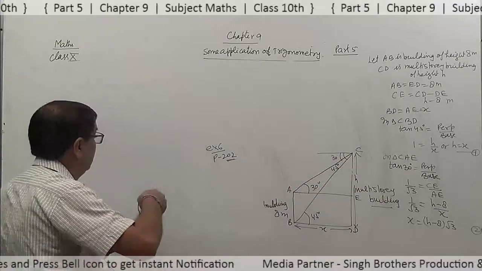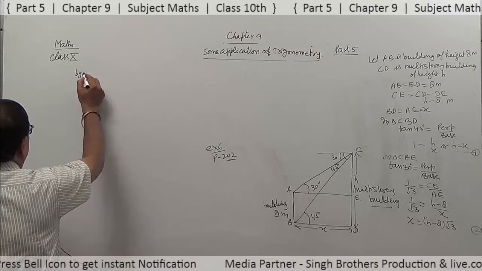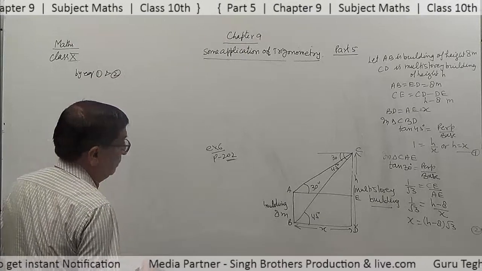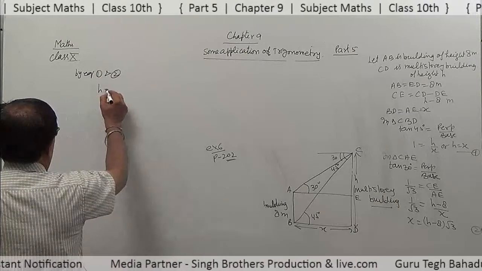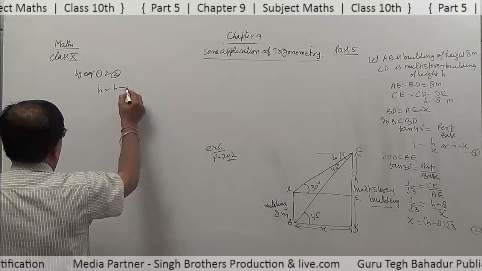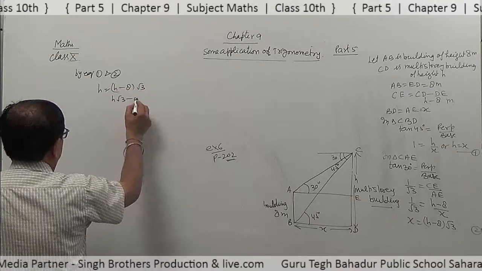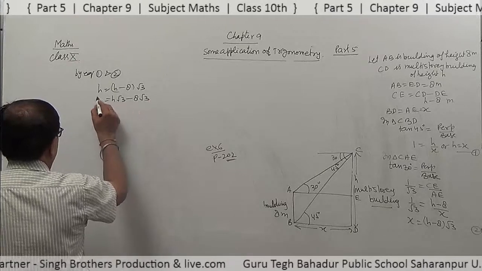By equations 1 and 2, h is equal to h minus 8 root 3, that is h root 3 minus 8 root 3.